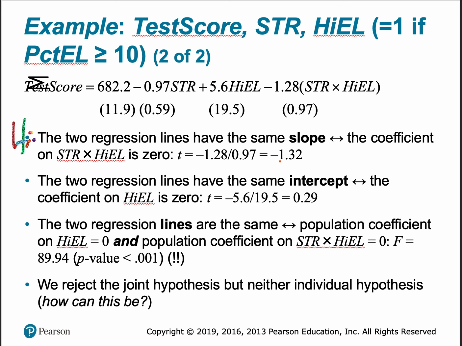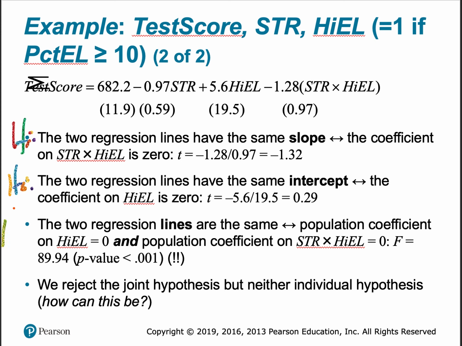The test statistic is negative 1.32, so we would fail to reject that null hypothesis. We could also test the null hypothesis that the two regression lines have the same intercepts, which is testing the null hypothesis that the coefficient on the dummy variable high EL is equal to 0. That test statistic is 0.29. Again, we would fail to reject that null hypothesis.